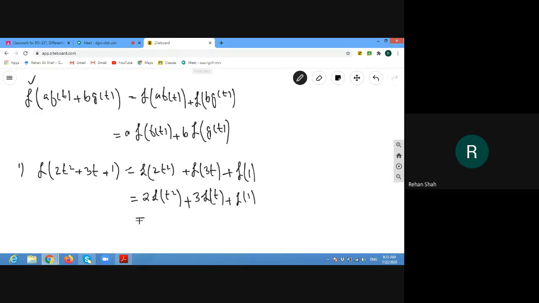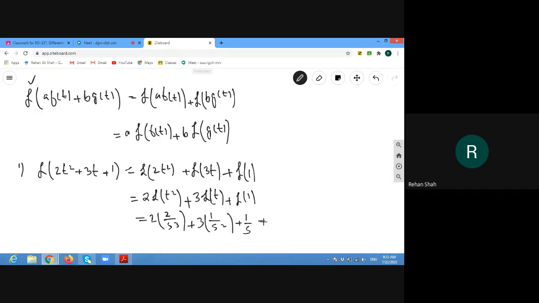So what is the Laplace of t square formula? That is 2 by 2 factorial, meaning 2 by s cube. Plus what is the Laplace transform of t? That is 1 over s square, if you remember. What is the Laplace transform of 1? That is 1 over s.